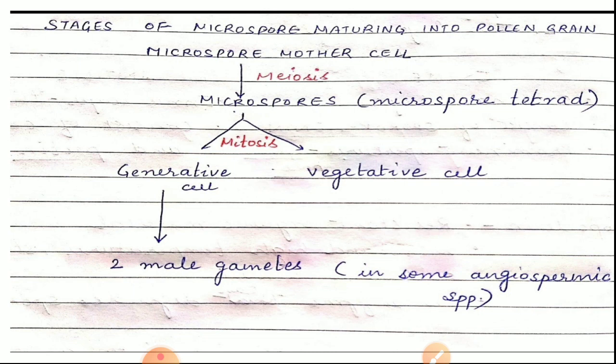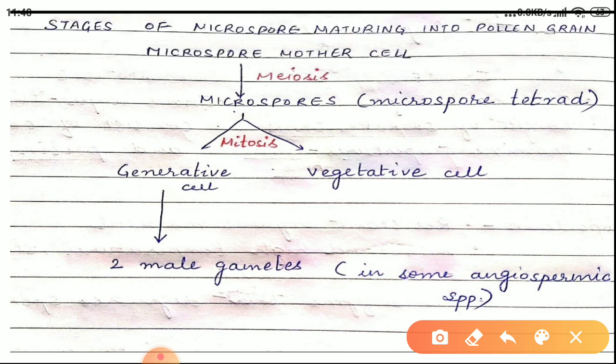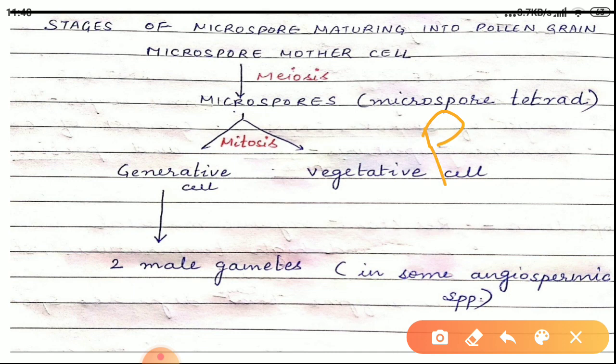stages. Now we have discussed sporogenous tissue. Each cell in sporogenous tissue is called microspore mother cell, or MMC. It is also known as PMC, pollen mother cell.